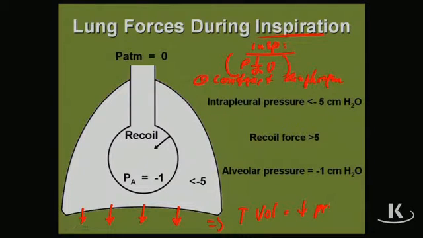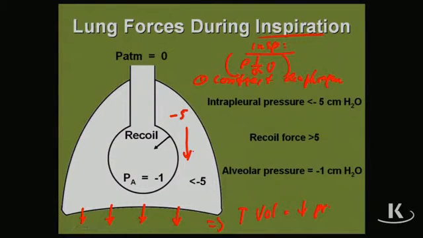In the beginning, we said that the intrapleural pressure, mean pressure, is -5. Now that the lung is being expanded, pulled downwards by the diaphragm, the intrapleural pressure now will become even more negative because we will be decreasing the pressure in the thorax as we expand the volume, and it goes to less than -5, let's say a mean pressure of -8.